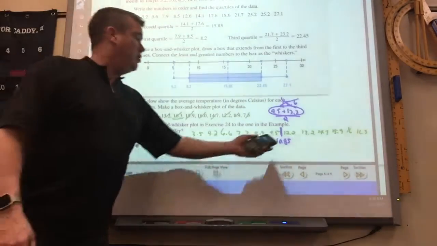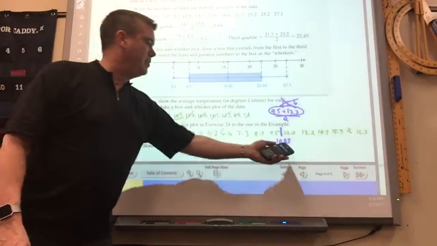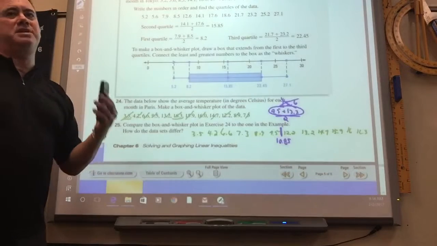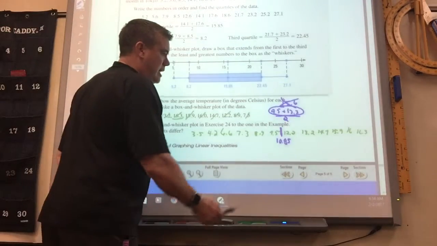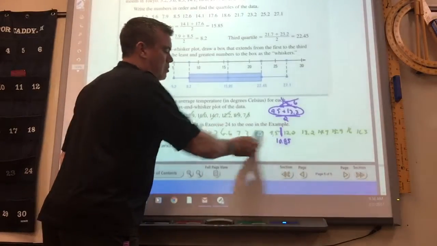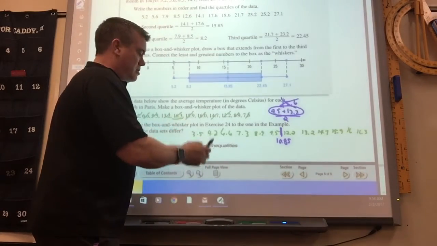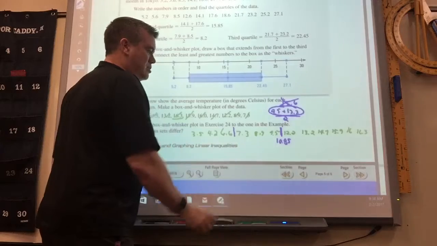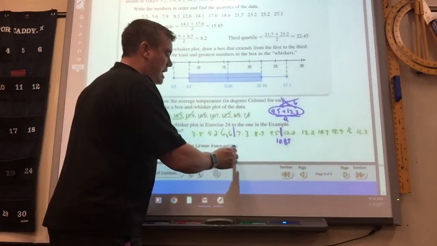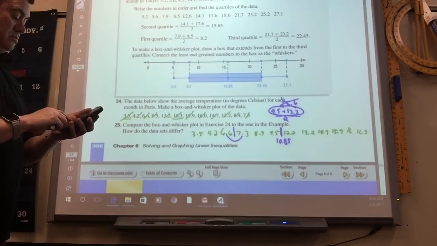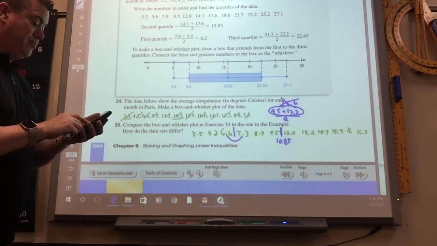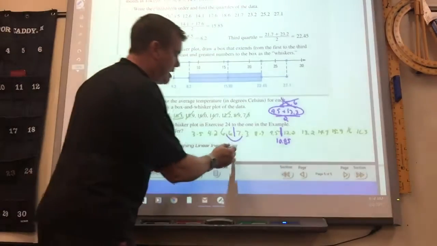So then we find that's the median. Then we find the middle of the first half. That's the first quartile. And again, since there's an even amount, it's going to fall in between two numbers, right in between these two. So again, you add these two up and divide by 2. 6.95.